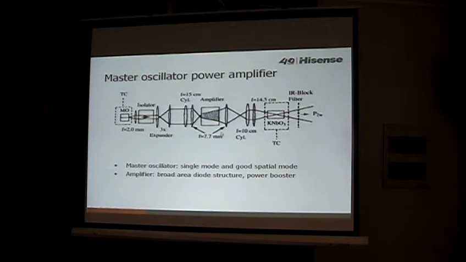So we can separate the problem, getting small lasers with good beam qualities, and in the end we amplify it. Then we use this output to pump the nonlinear optical crystals. And if the amplifier and the laser are both made of semiconductor material, you can more or less integrate them together to get integrated devices.